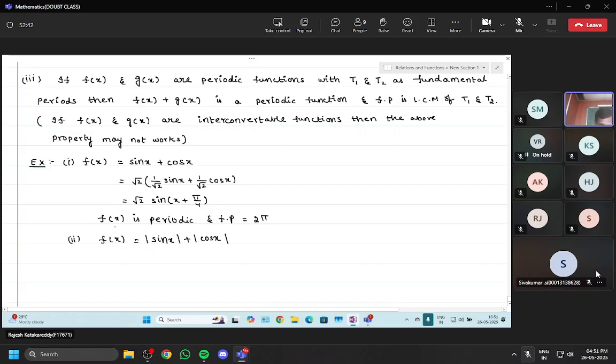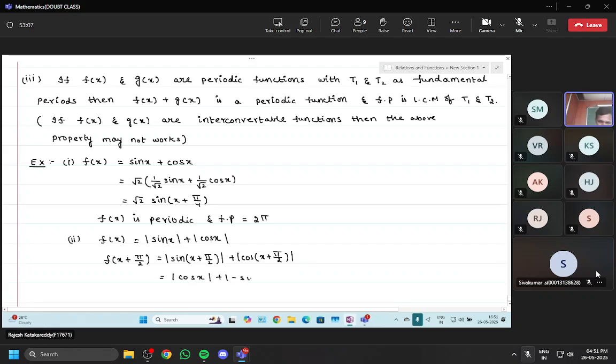But my claim here is, if I take f of x plus pi by 2 in this, what I'm getting is modulus of sin x plus pi by 2, modulus of cos x plus pi by 2. Now we know very well sin 90 plus theta is cos theta, cos 90 plus theta is minus sin theta.